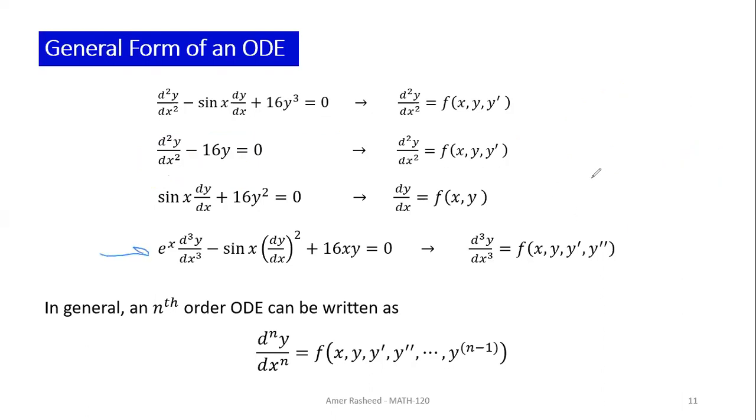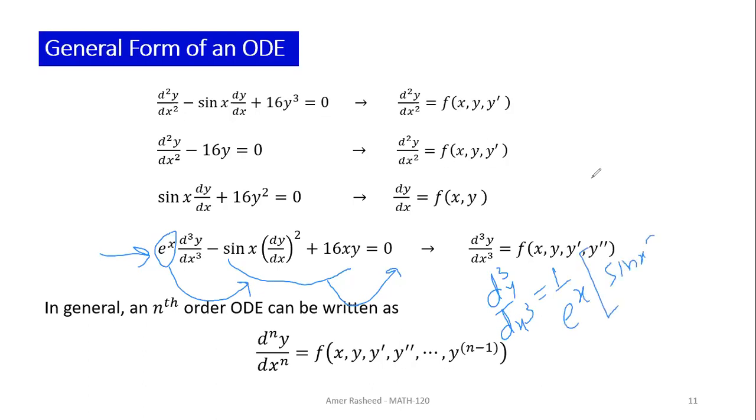Similarly, you can see this thing. इसमें ये बाकी सारी टर्म उधर ले जाएंगे हम, लेकिन इसमें e raised power x कोफिशिएंट में भी है, इसको फिर डिवाइड कर देंगे हम. ठीक है. So in this term, basically we can write d cube y by dx cube is equal to 1 over e raised power x times sine x dy by dx whole square and minus 16xy.